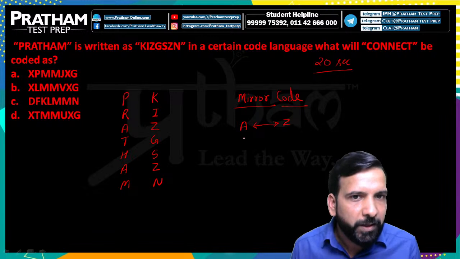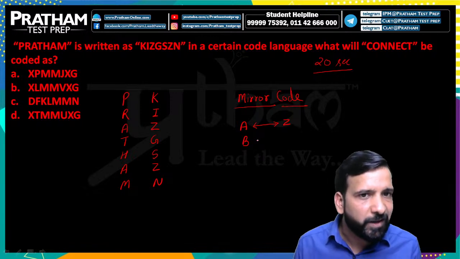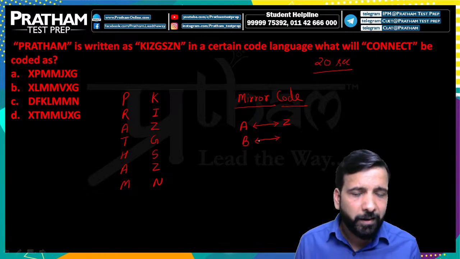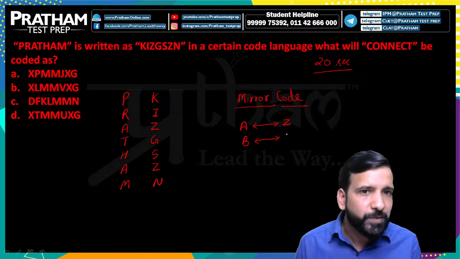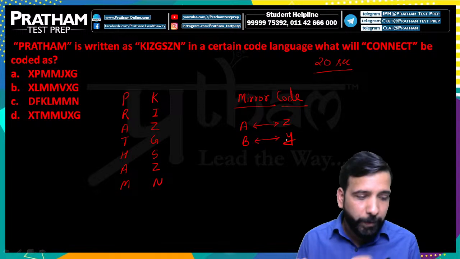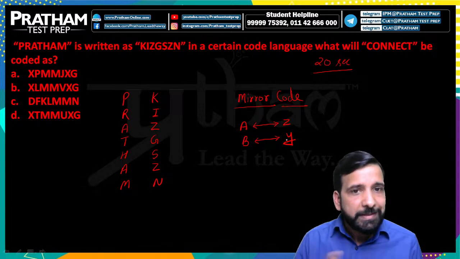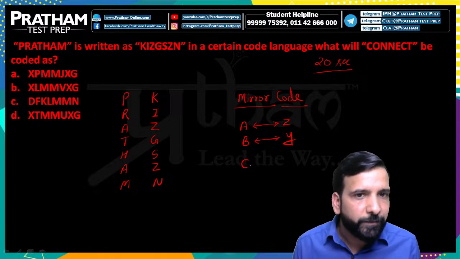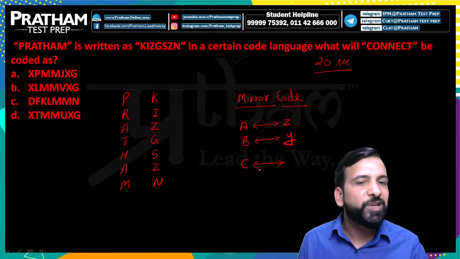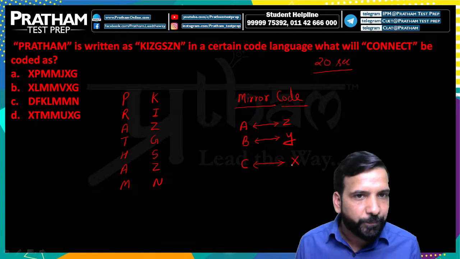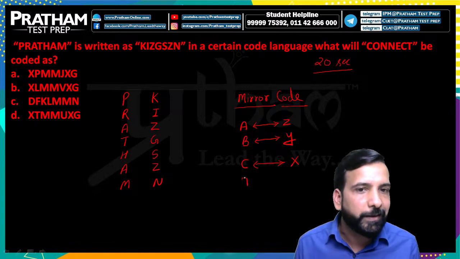मैं बात करूं B की, B is the second letter in the alphabet series and अगर last से बात करें, last से second letter is Y. So B and Y, they are mirror codes. Similarly, third letter from the beginning is C and अगर backward direction में third letter की बात करें, that is X, they are mirror codes. Similarly, D and W, they are mirror codes.